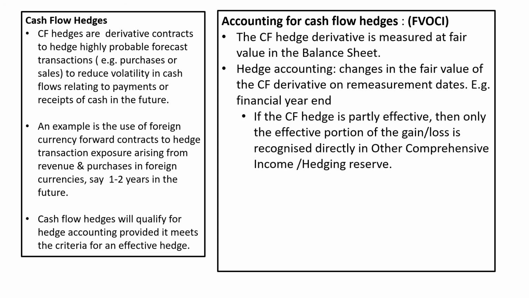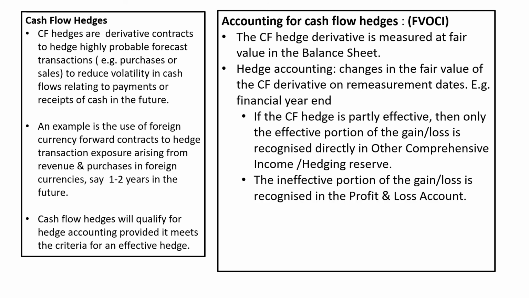If the cash flow hedge is partly effective, then only the effective portion of the gain or loss in the derivative instrument is recognized directly in other comprehensive income and the hedging reserve. The ineffective portion of the gain or loss is recognized in the profit and loss.